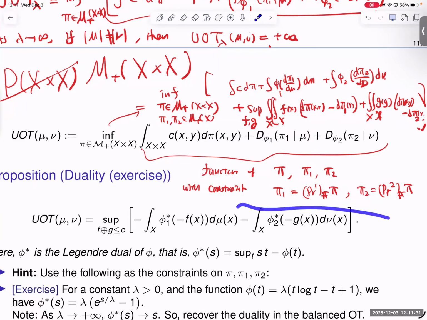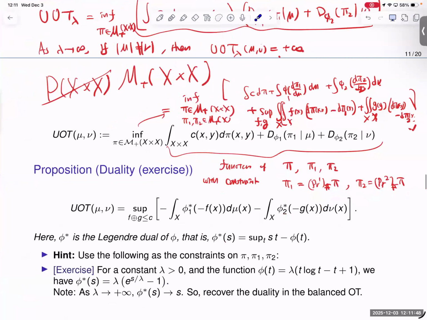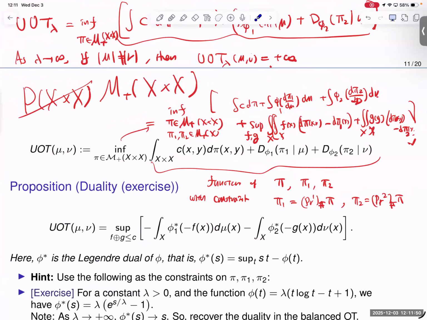So after this penalty formulation of this constraint, you can do sup-inf exchange. At least if you get the heuristic idea, you can just change the sup and inf. Then the sup goes outside, the inf comes inside. Then you shuffle things, and in the end you will get this thingy, with this constraint.